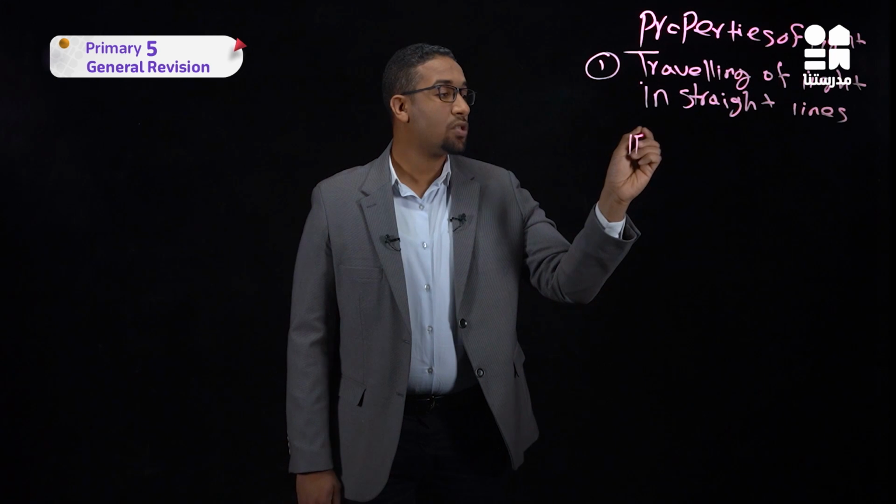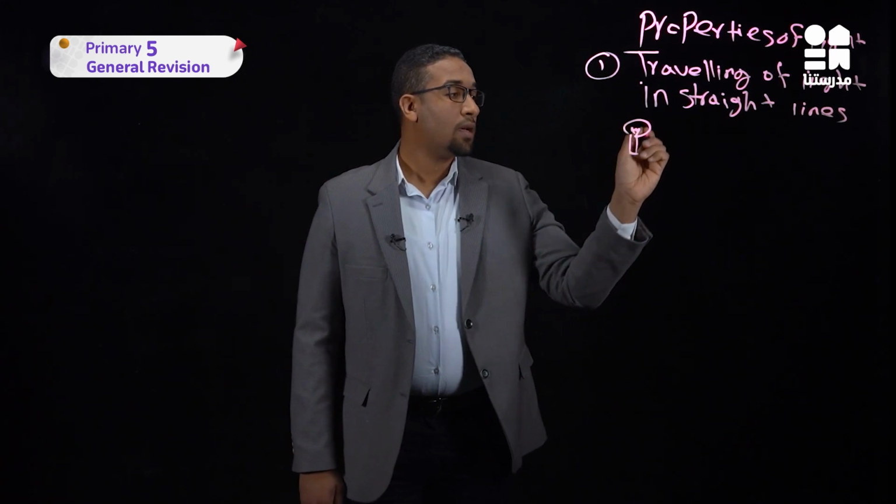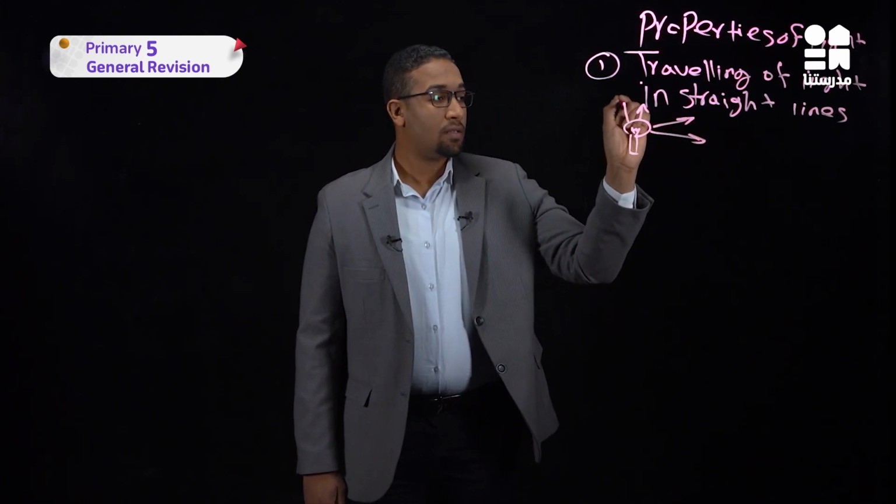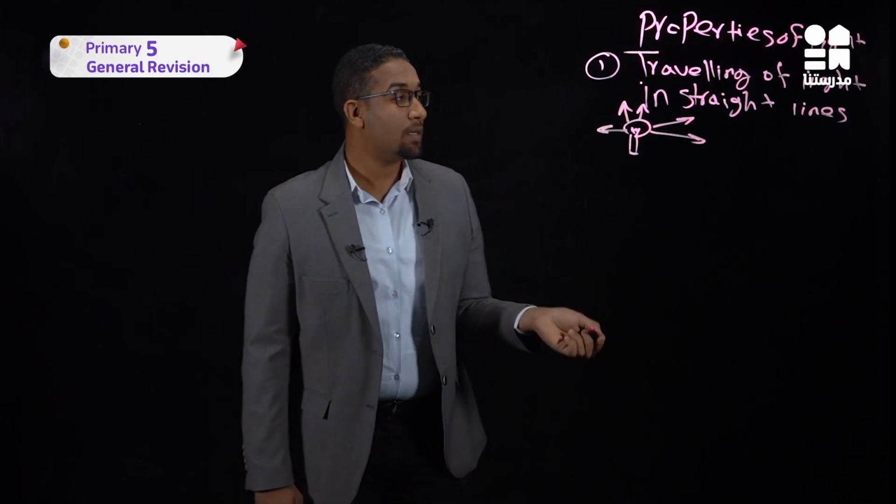So if we have here a source of light like a lamp, the light will travel in straight lines. And this was the property number 1.